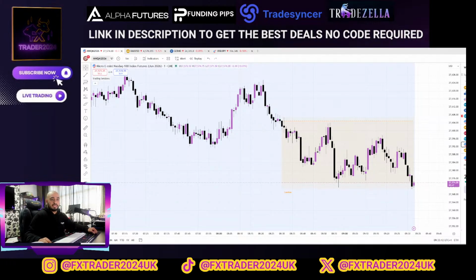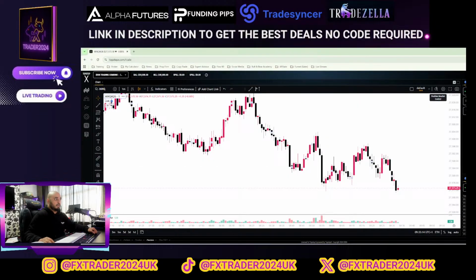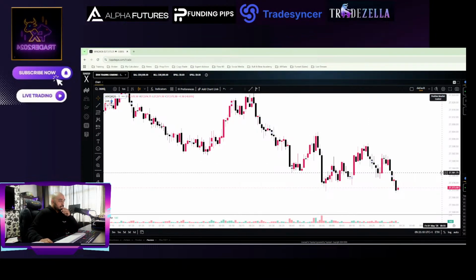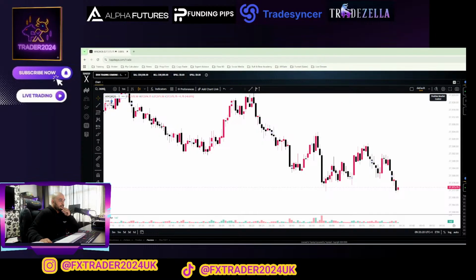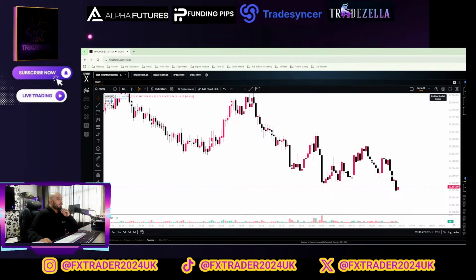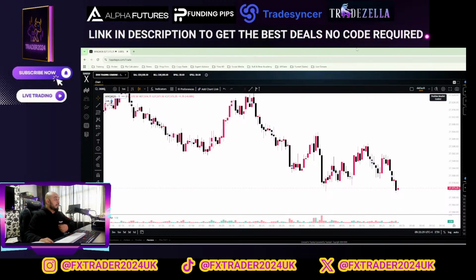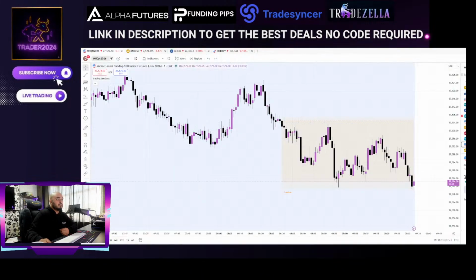What I am using, I've got a Top Step account here that I can enter a trade on, but it's annoying because I have to just click buy and sell, and I don't know how I'm going to be using my stop losses.